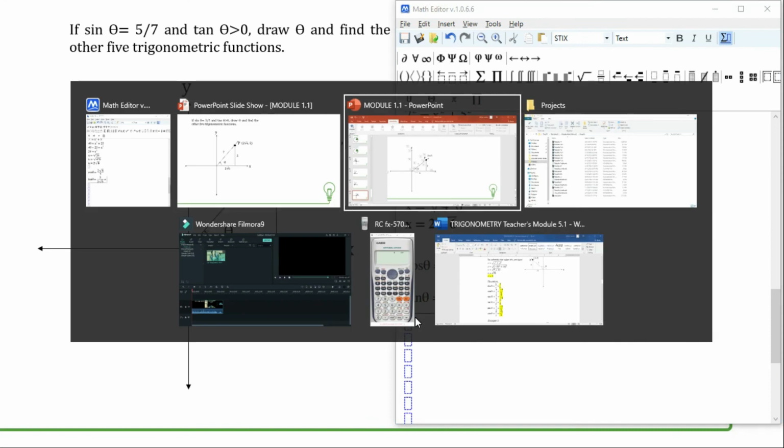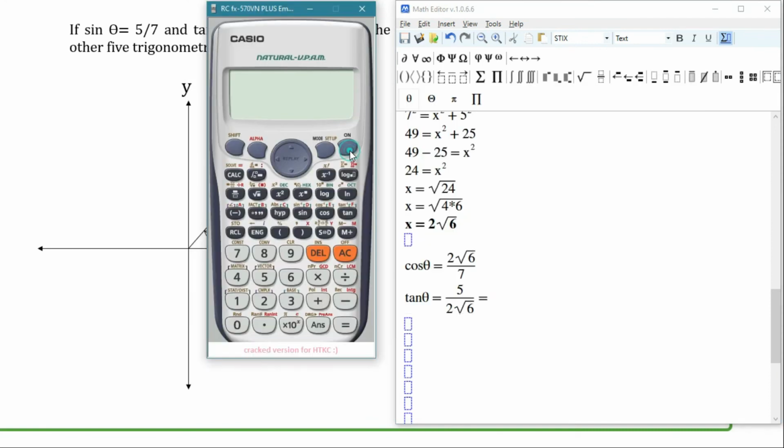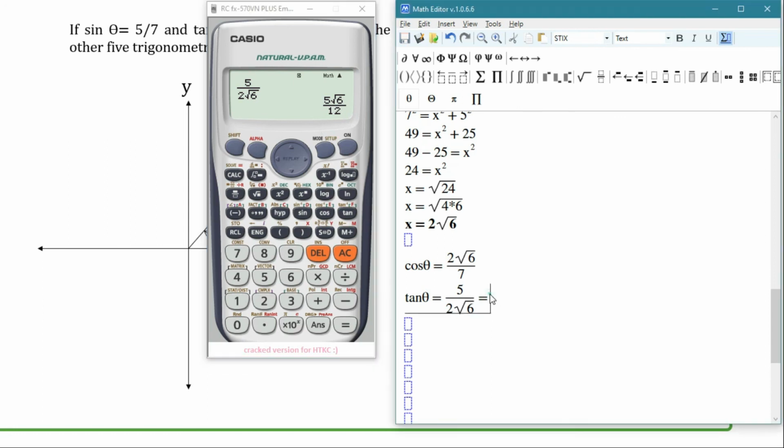Using your calculator, it is easy because it is automatic. Let's say, for example, we have 5 over 2 square root of 6. Once you press equals, it rationalizes the given. So that's going to be 5 square root of 6 over 12. Okay, so that will be our tangent function.